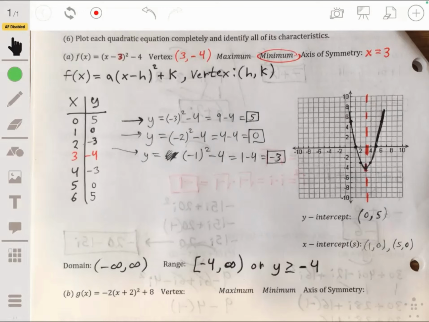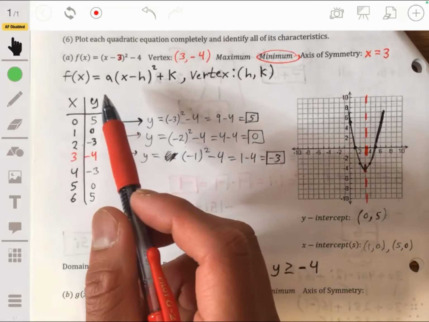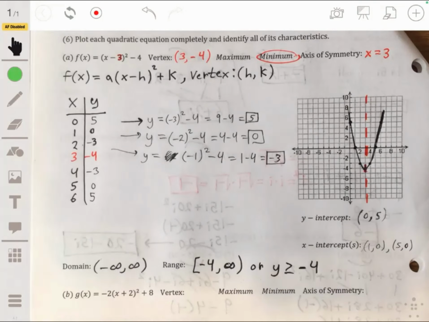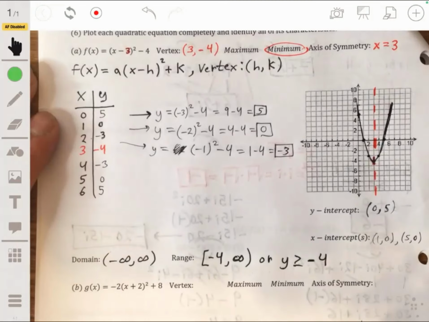Okay, so here's a cool trick that a lot of students are going to like, but you have to make sure you understand it. With quadratics, you remember you're always squaring values. So let's make a table here.